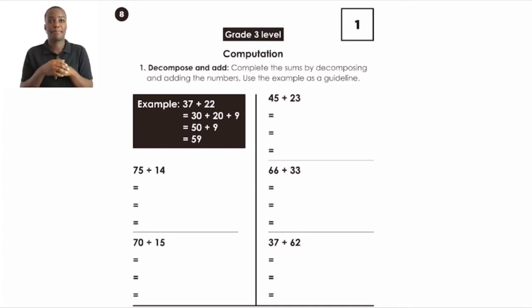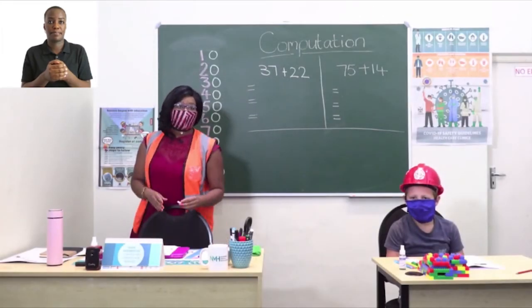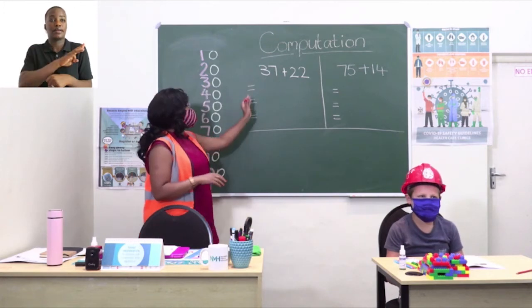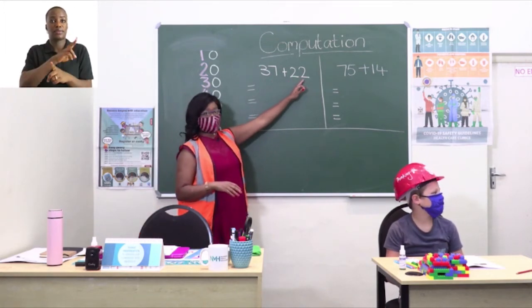We can see that it has gone through 2 stages before we get the answer. And I am going to show you how we go through those 2 stages. Let's take a look at the board. Now on the board, we have 37 plus 20.